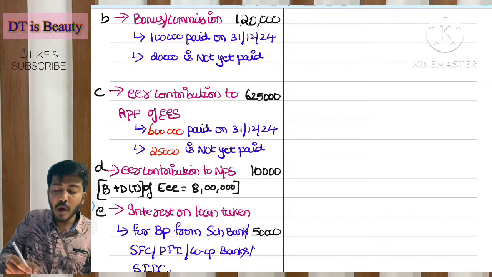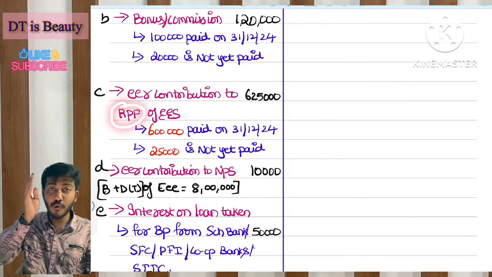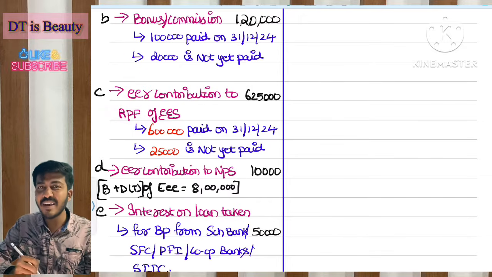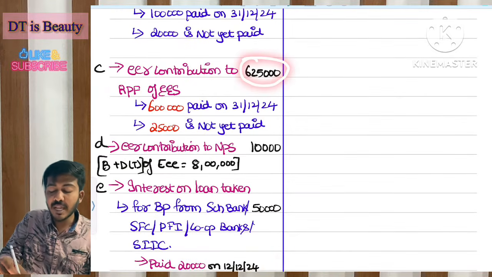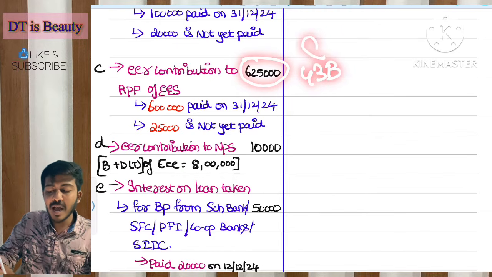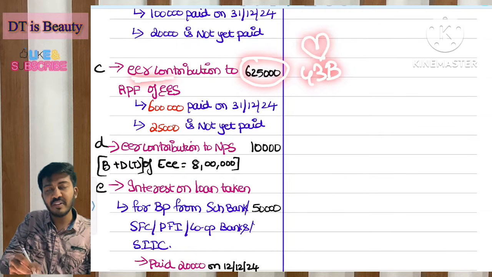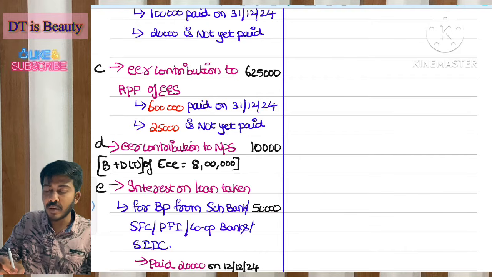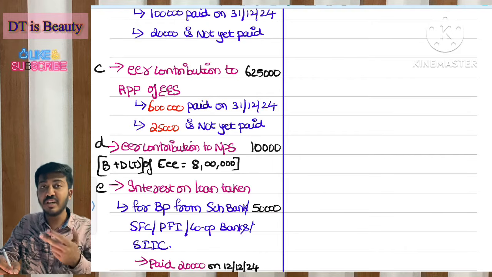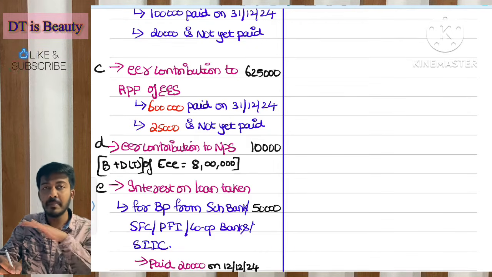Next, employer contribution to RPF. Employer is contributing to the welfare schemes of the employee, which means 6,25,000 he paid. 43B will come and again hug, because this is also covered. If it hugs, what is the meaning? If it is paid within the 139 one-time limit, it can be marked as tick. If it is not paid within the 139 one-time limit, it is not allowed as deduction.